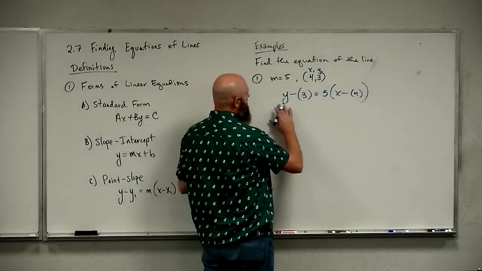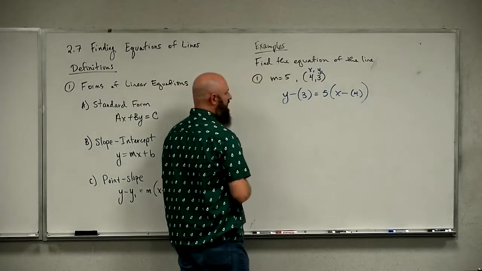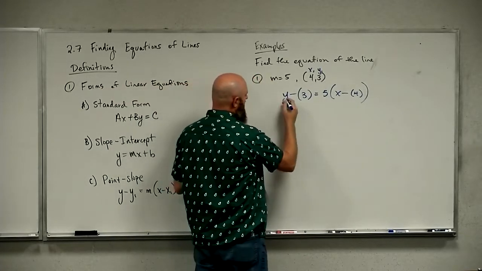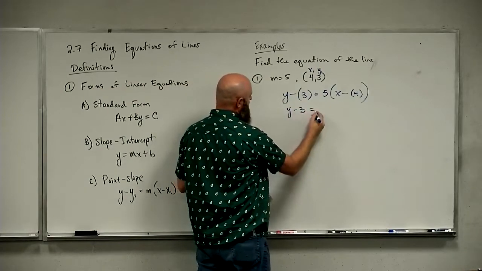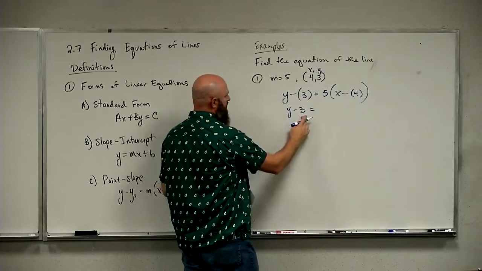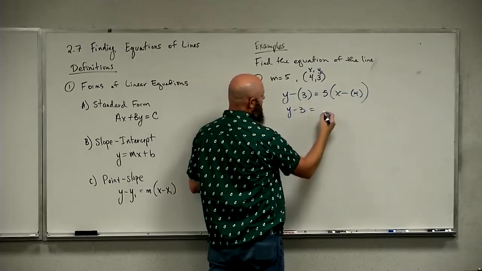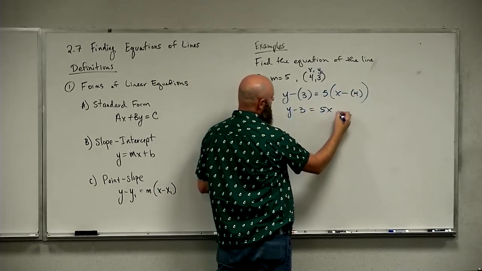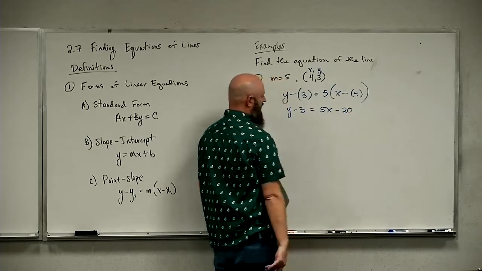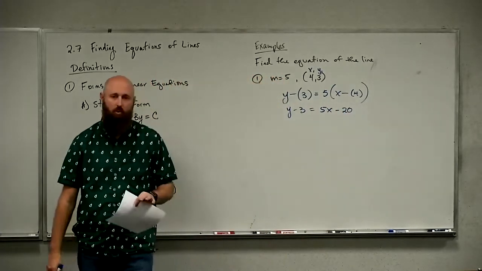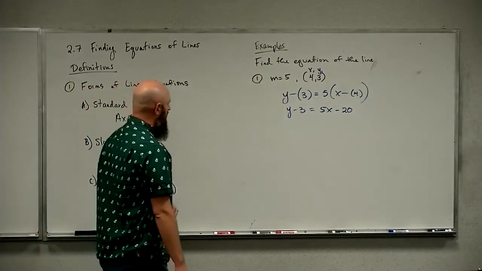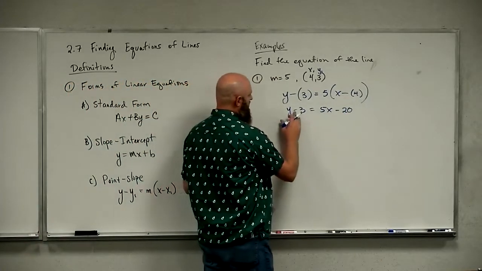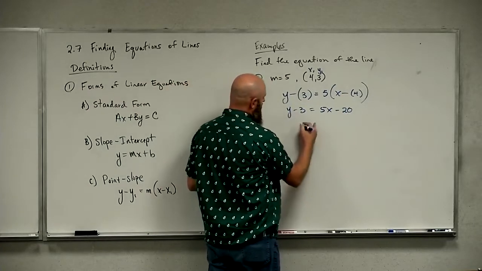All right, now that I have this together, we do need it in y equals form, so I need to get y by itself. First, I'm just going to bring down that side, so that's y minus 3. Then I'm going to distribute the 5 to get 5x minus 20, since 5 times 4 is 20. To finish getting y by itself, I'm going to add 3 to that negative 20.